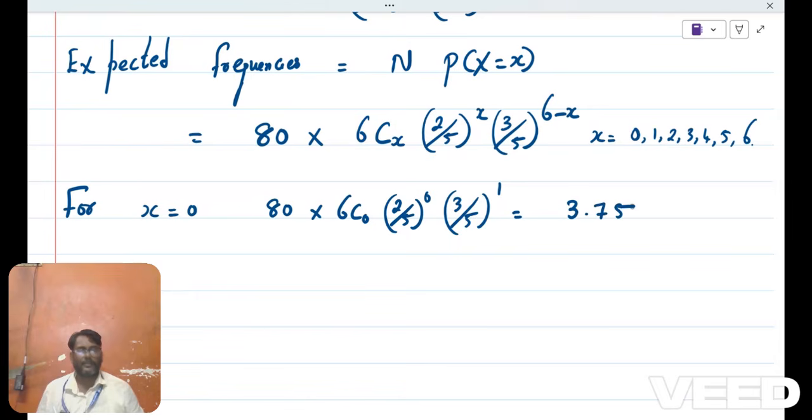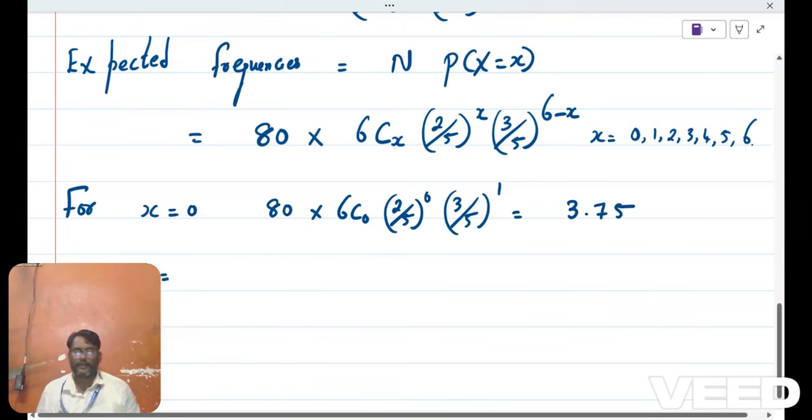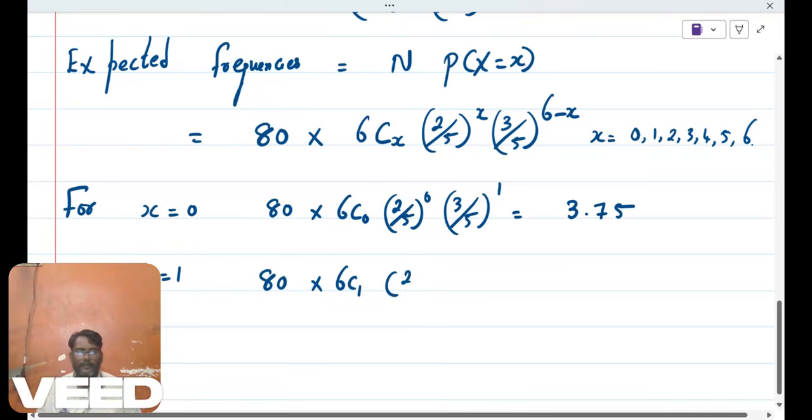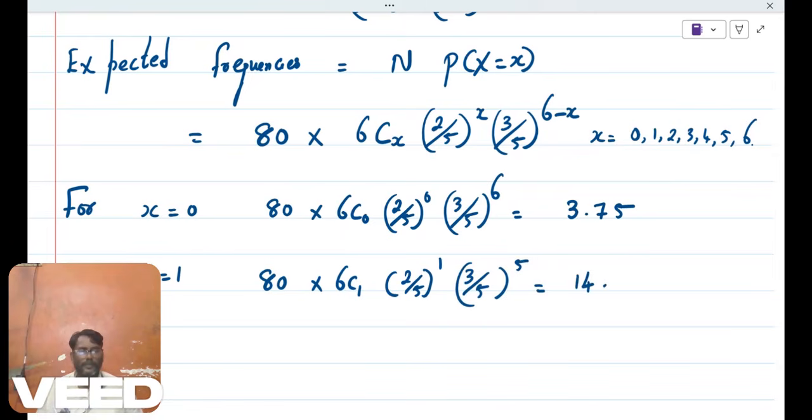Using a calculator we can find it. Next, for x is equal to 1, we get 80 into 6C1 into 2 by 5 raised to the power 1 into 3 by 5 raised to the power 5. If we use a calculator, the value will be 14.93.